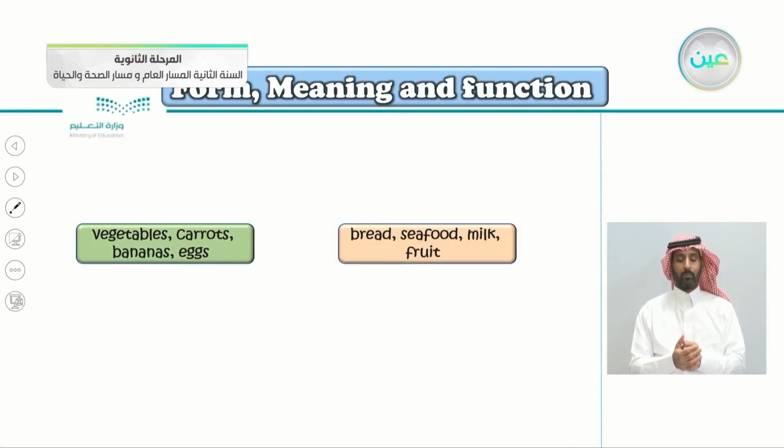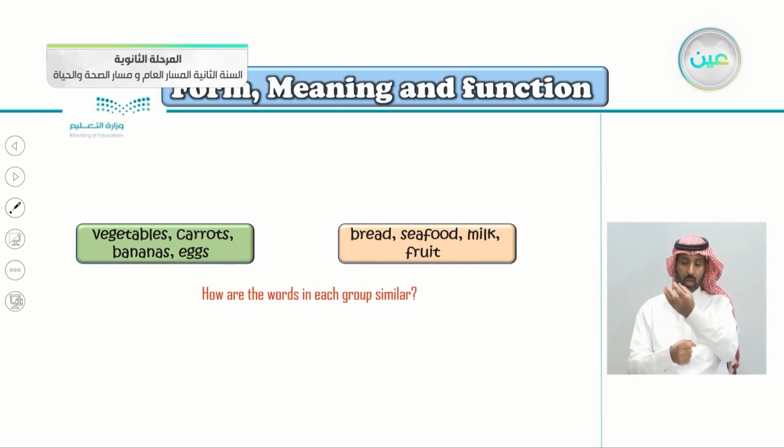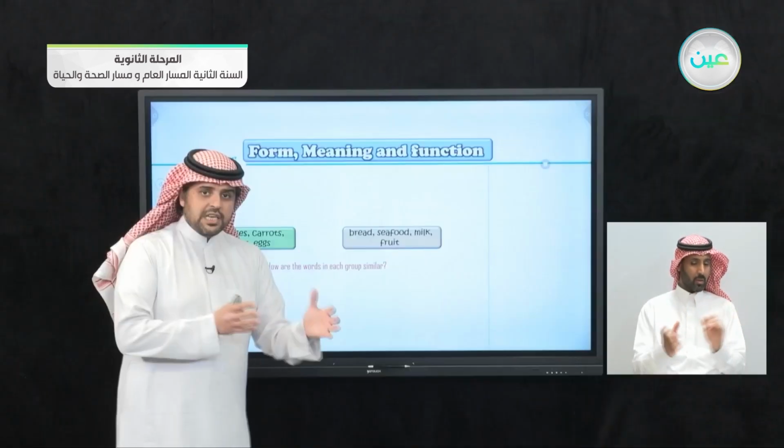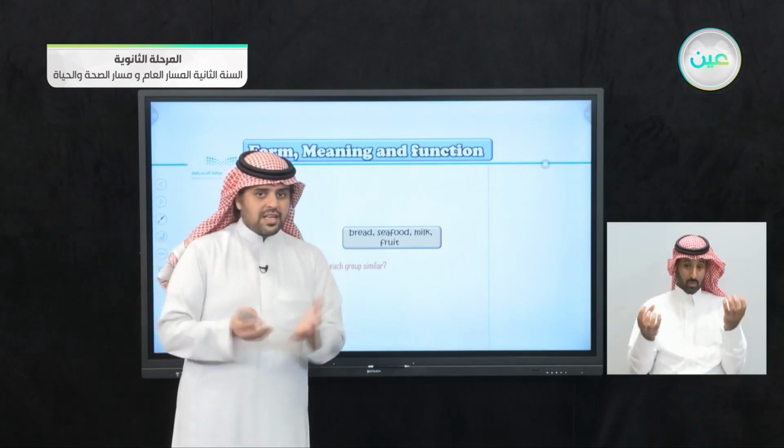So here we have 2 groups of words. The first one here: vegetables, carrots, bananas, eggs. The second one: bread, seafood, milk, and fruit. How are the two words in each group similar? So in each group, the words are similar.